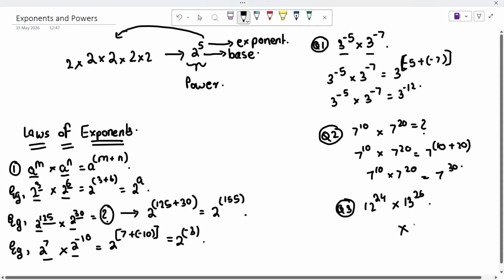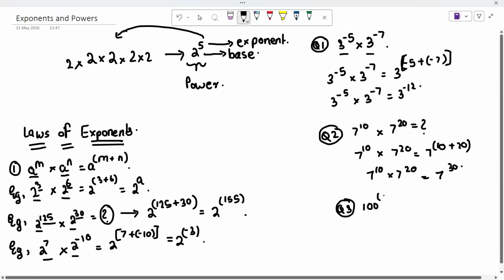No, because this is not the law to be used in these type of questions. You can use a different law, but I'm asking, can you use a power m into a power n gives you a power m plus n? Can you use this law on the question? No. So that was a trick question. Now let's do an actual one.